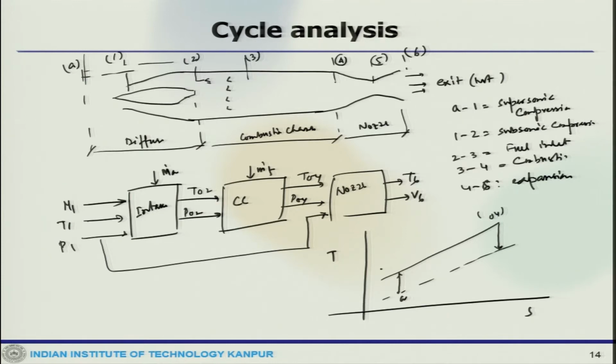So, this is 02, then this is 6, this is 04. This is an ideal TS diagram where P naught A equals P naught 2 equals P naught 4, and P6 equals P A. So, that is an ideal situation.